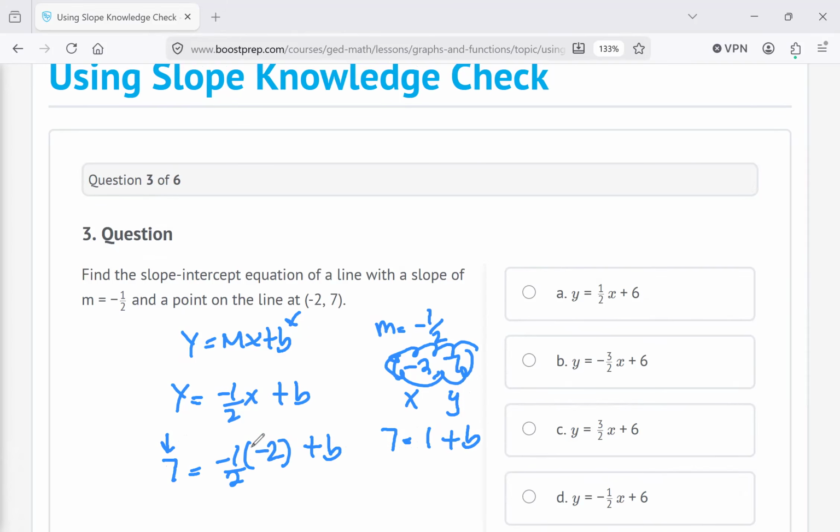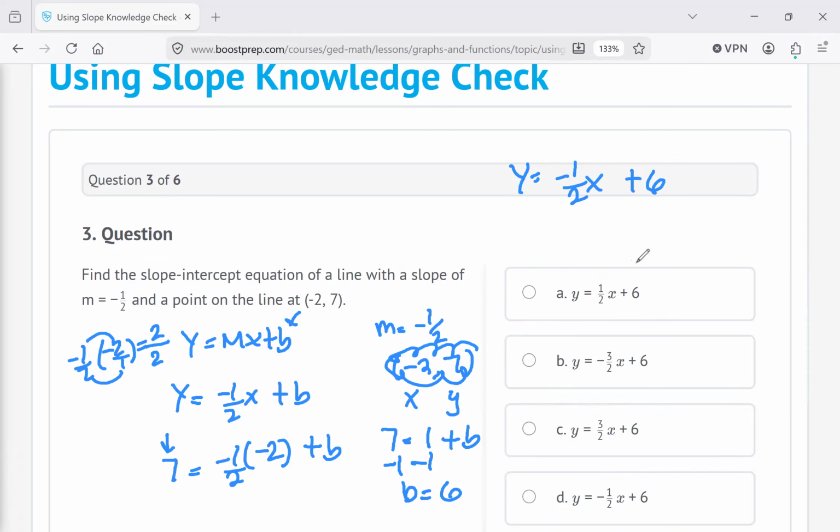Two negatives becomes a positive. So -1/2 times -2 over 1. -1 times -2 is +2. 2 over 2 is 1. And then subtract 1 from both sides, and you get b equals 6. Okay, so my equation is going to be y equals -1/2 x, and then my b is 6.